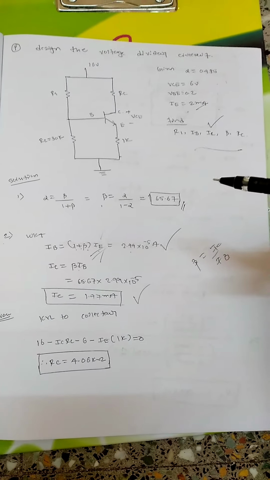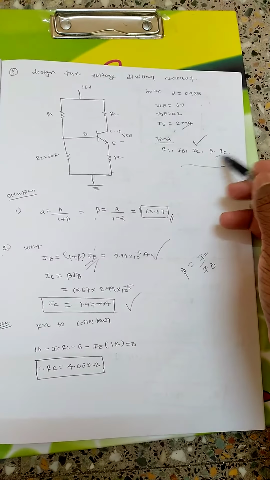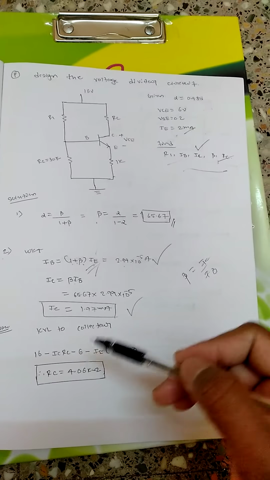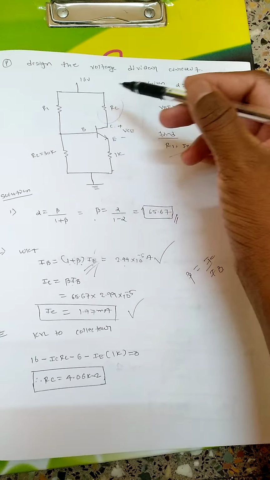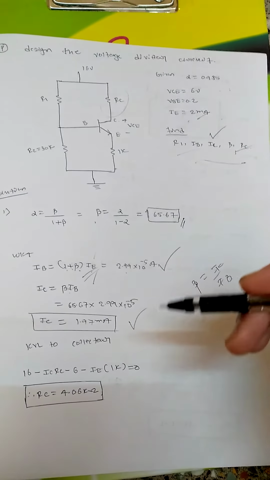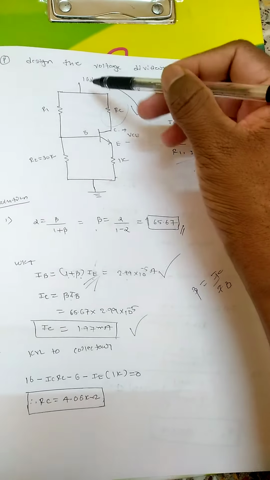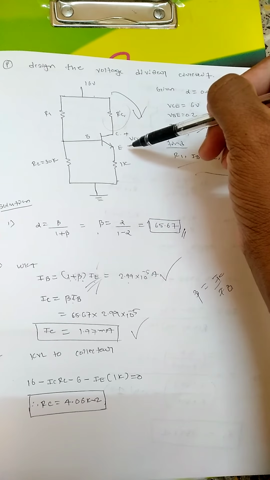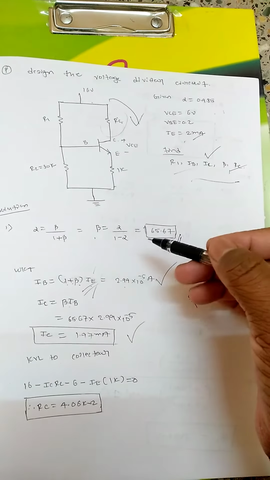So the remaining work is to find out the resistances, that is RC and R1. Okay, KVL to collector. I need to find out the resistance, that is this RC value. So I will apply the KVL at the collector side. So 16 minus IC into RC minus 6 minus IE into RE will be equal to 0.